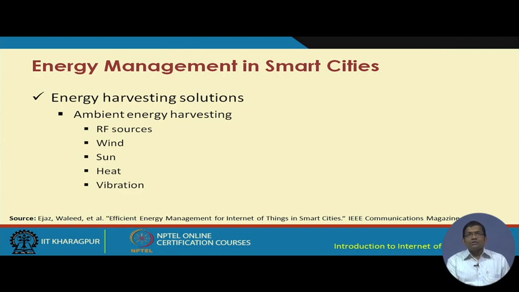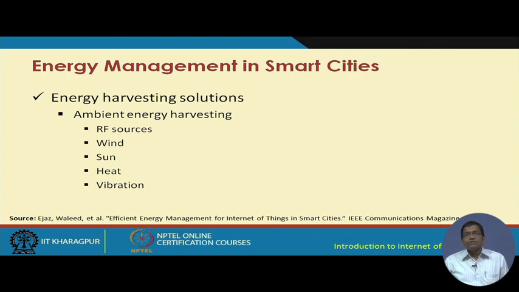Energy harvesting solutions would include harnessing energy from renewable sources of energy, such as sun, wind, heat, vibration, RF sources. Nowadays people are talking about harvesting energy from radio frequencies as well.